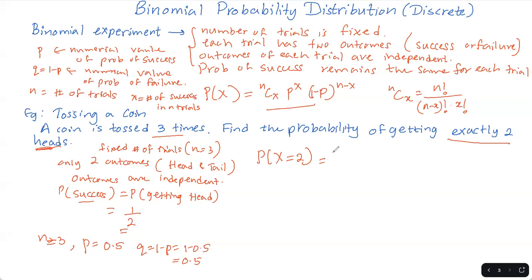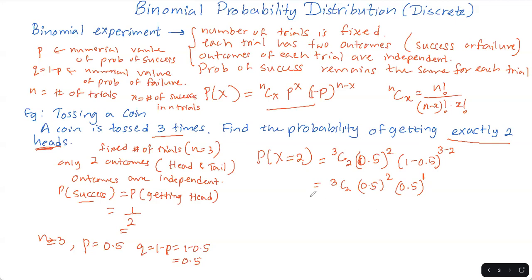So we are going to use the formula. My n is 3, choose 2, X is 2, and the probability of success is 0.5 to the power X, X equals 2, and then 1 minus 0.5 to the power 3 minus 2. So this is 3 choose 2, 0.5 to the power 2, and 0.5 to the power 1.